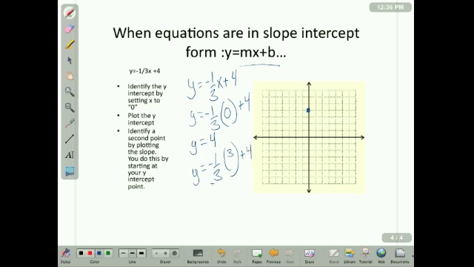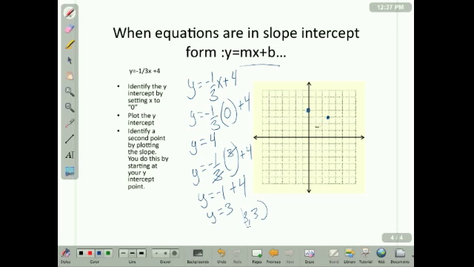What that does is it eliminates these numbers, and I'm left with y is equal to negative 1 plus 4, or y is equal to 3. What that means is that when x is equal to 3, that's what I replace the value with, my y is also 3. That's my second point that I need. x is 3, y is 3.